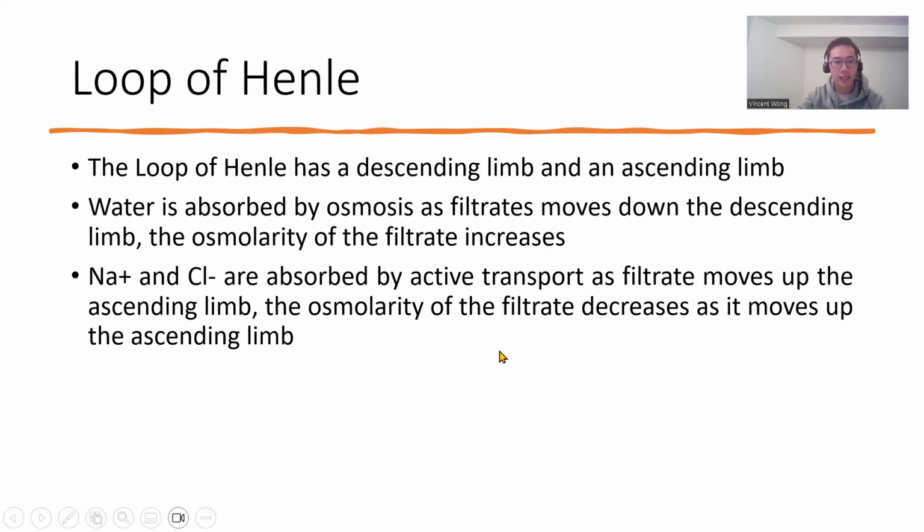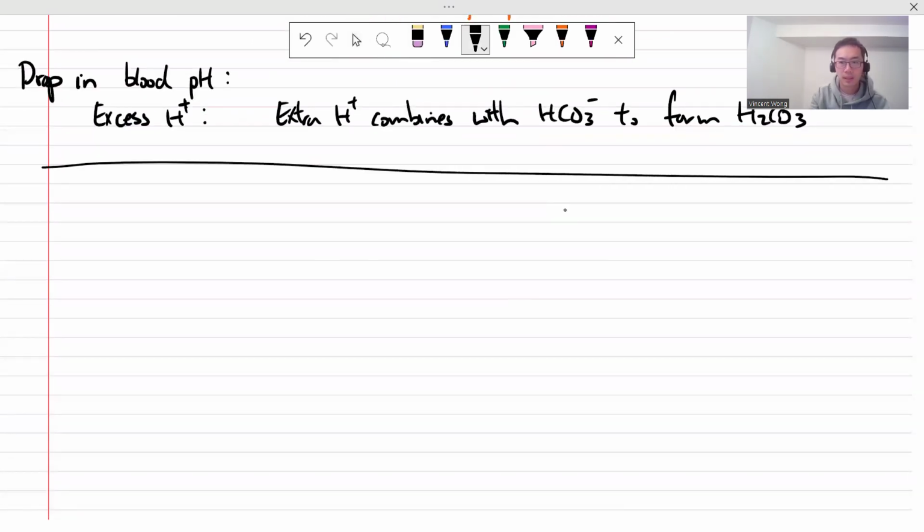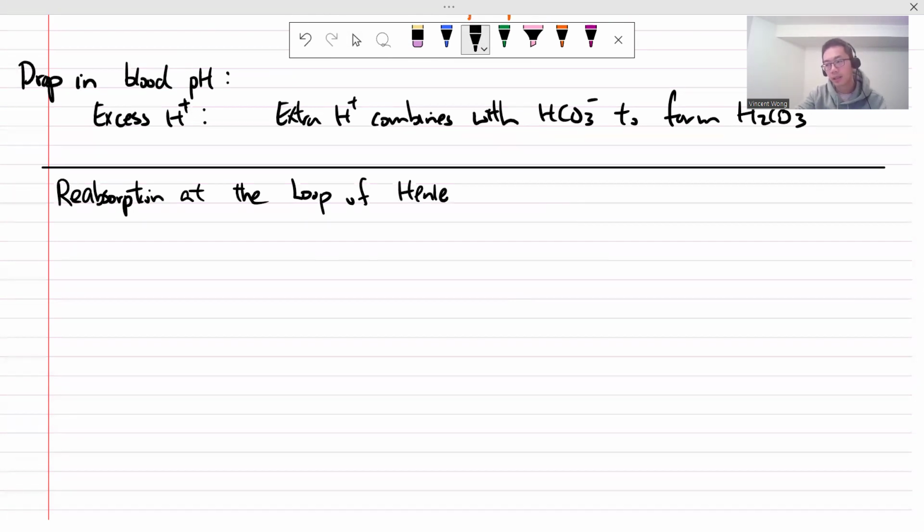And to help you understand that, I am going to give you another note. Reabsorption at the loop of Henle.